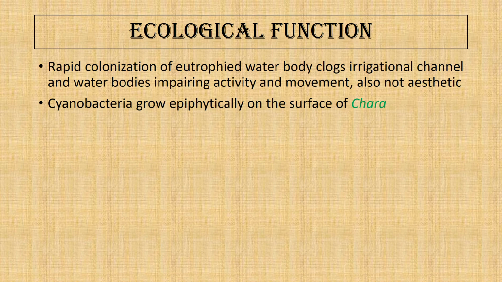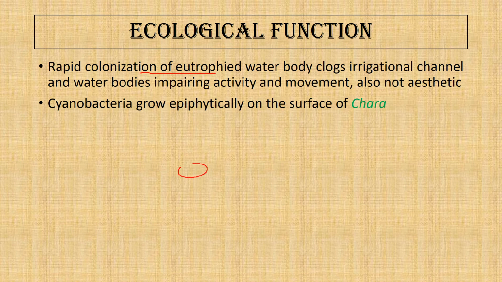Chara has got certain negative impacts also. For example, if there is eutrophication, then Chara can grow luxuriantly. But also sometimes it happens that if the water body in which Chara is growing is surrounded by agricultural land, then the agricultural effluent will include herbicides. So these herbicides will kill the angiospermic plants.